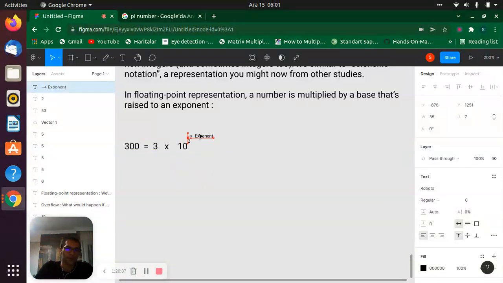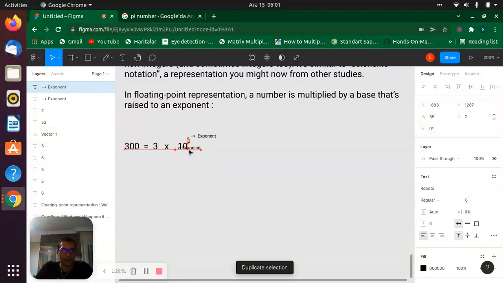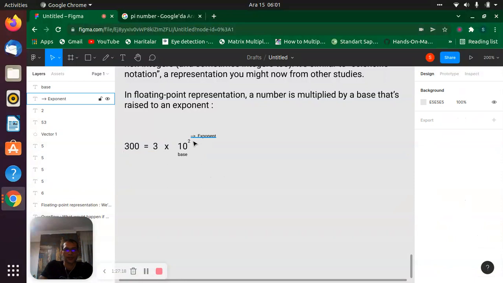Let's say this is the base. So 10 is the base, right? 2 is the exponent.